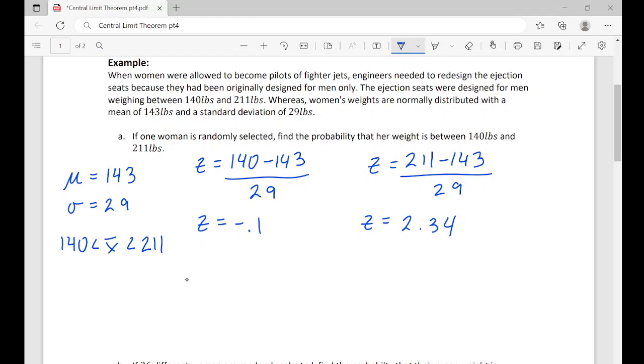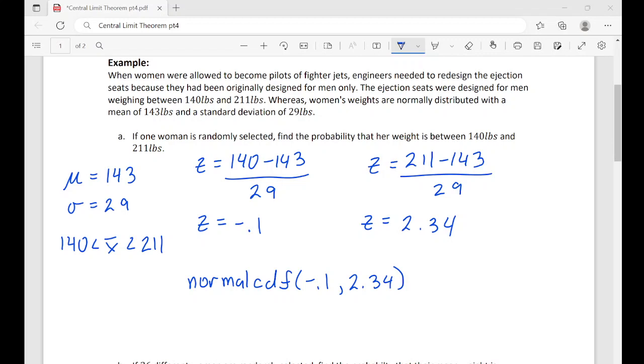And now we're going to find the area between these two values. So we're going to go to normal CDF, and our lower bound is going to be negative 0.1, and our upper is going to be 2.34.